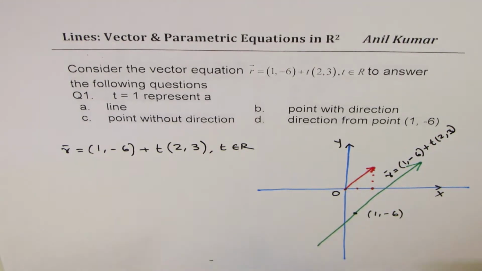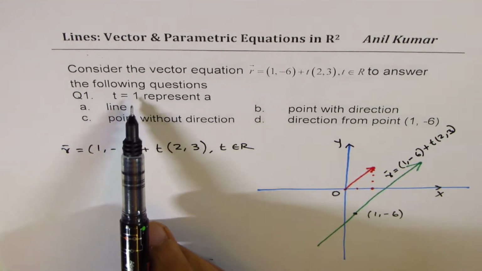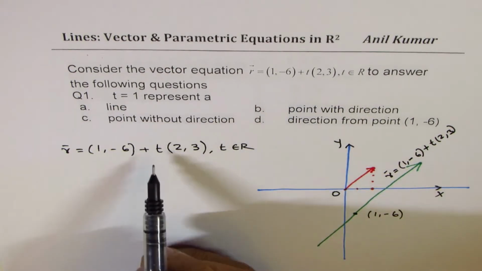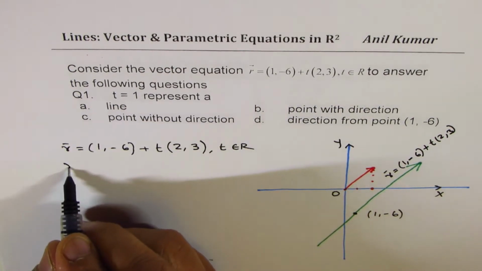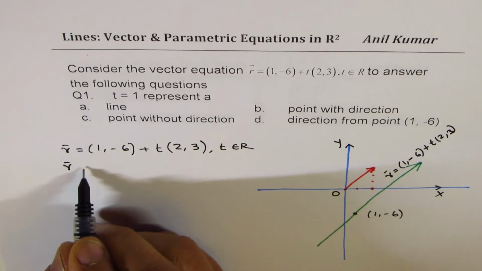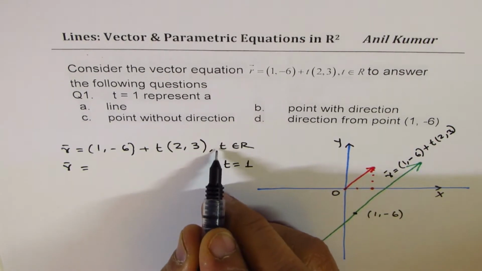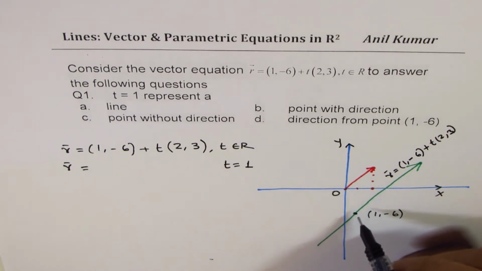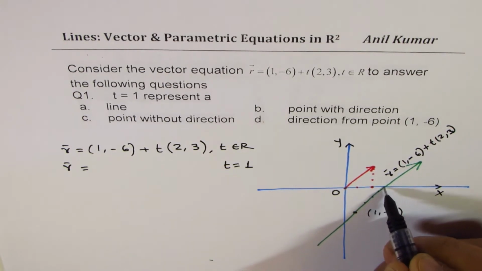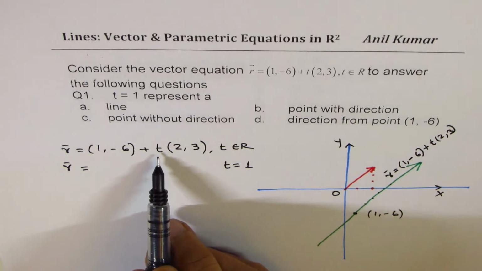Now when I say t equals 1, what does it mean? Let me substitute 1 here. Let me find r when t is equal to 1. t could have any real number, that means any point on this line can be defined for different values of t.